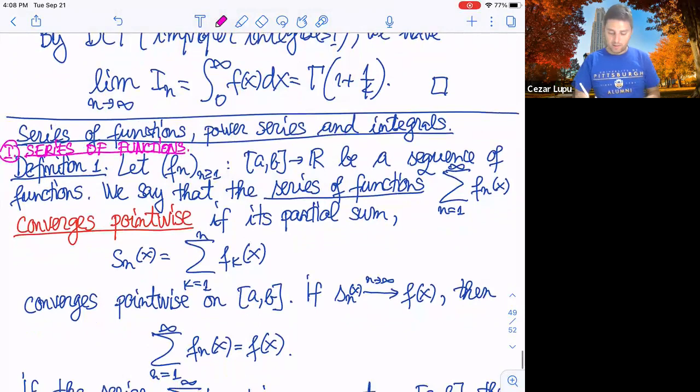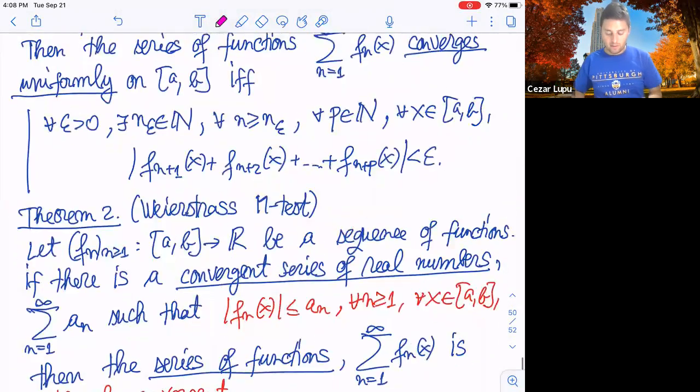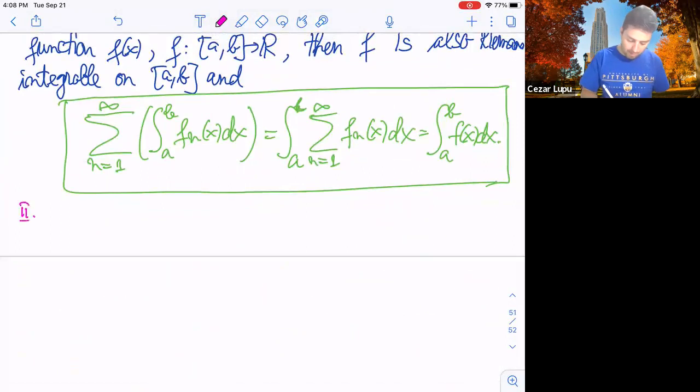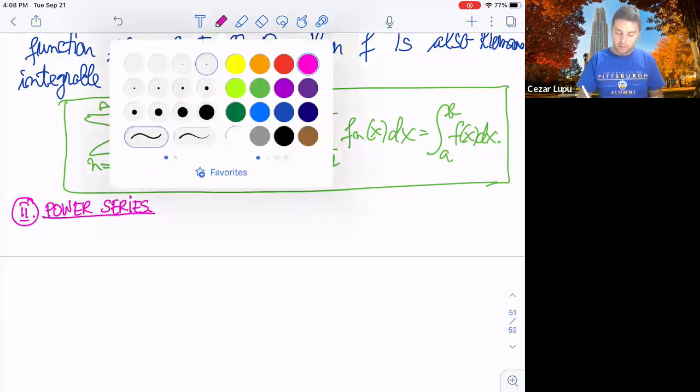And now the second thing is a special case, which is given by power series.